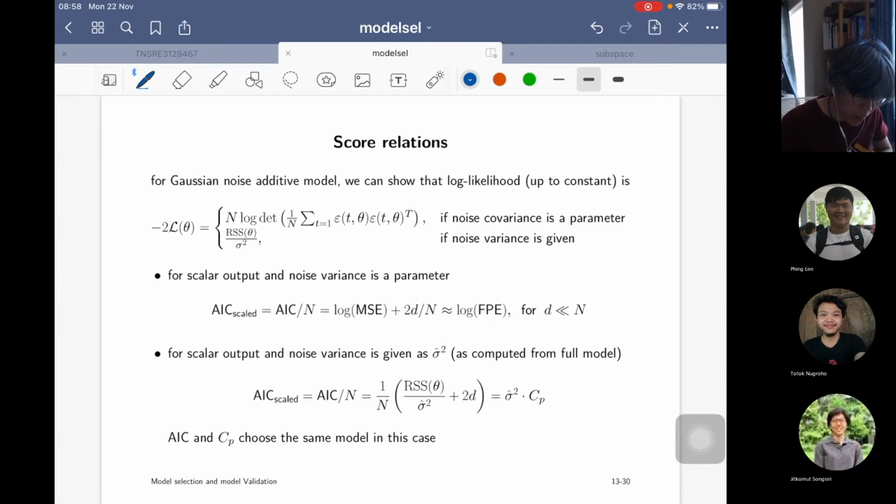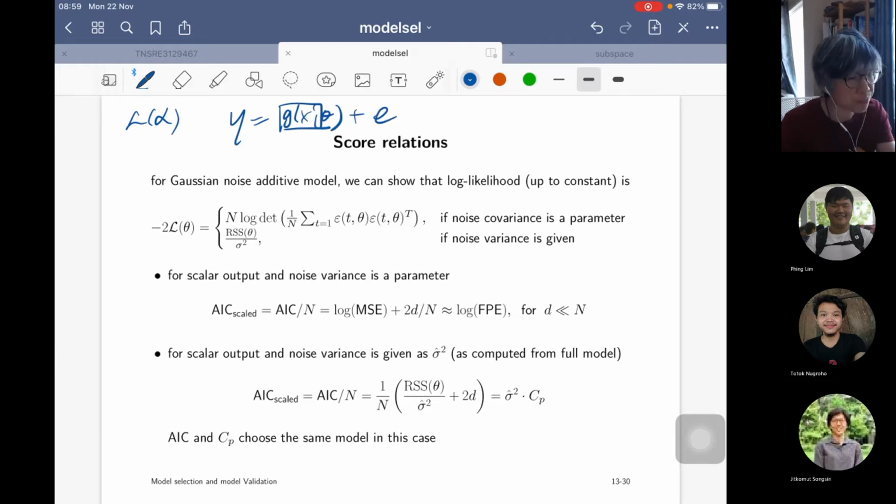For the Gaussian noise additive model, when you use AIC, AICc, or BIC, we need to derive the log likelihood function. The data generating process we often assume in engineering applications is y is some function of x, the predictor, plus some noise.